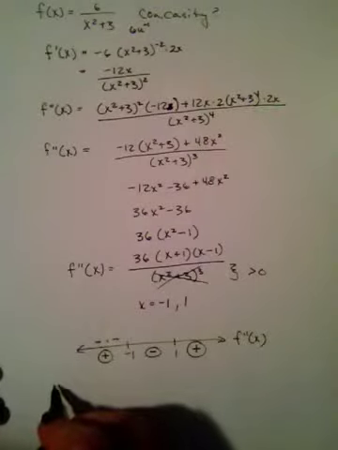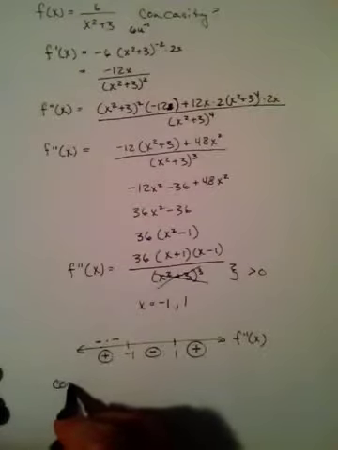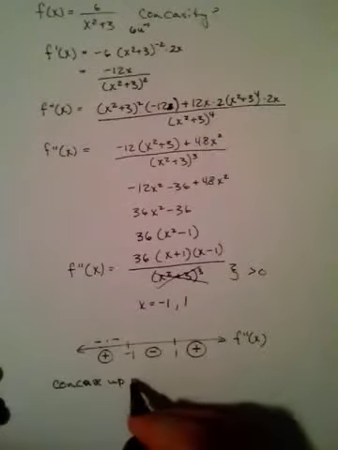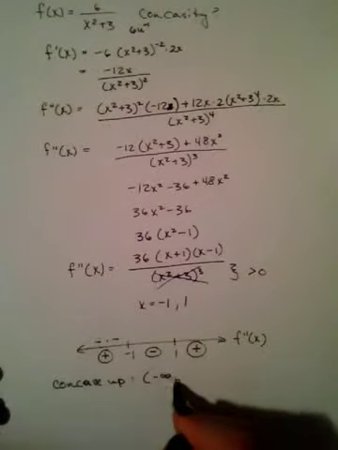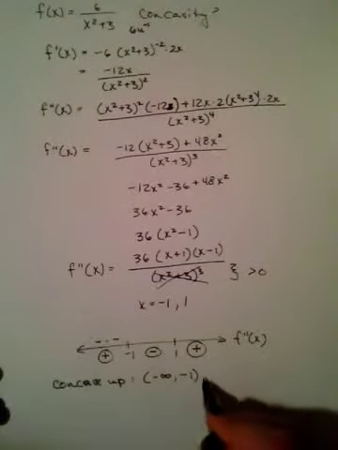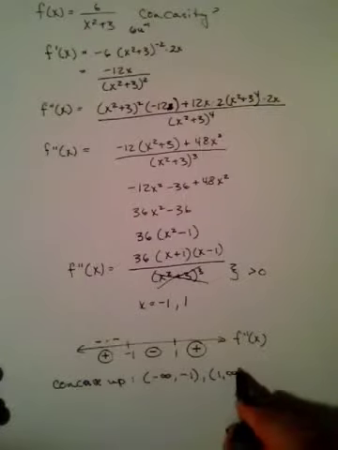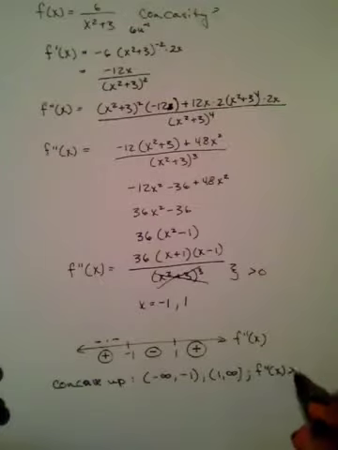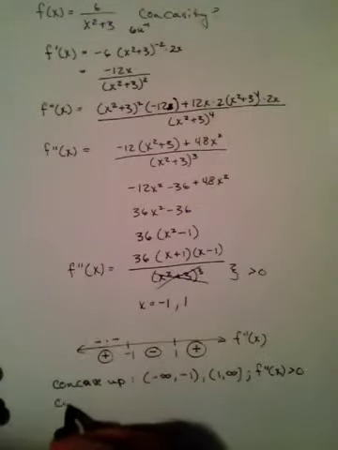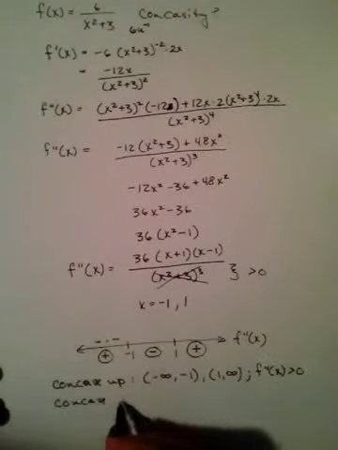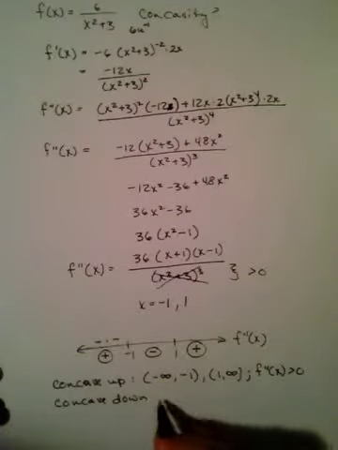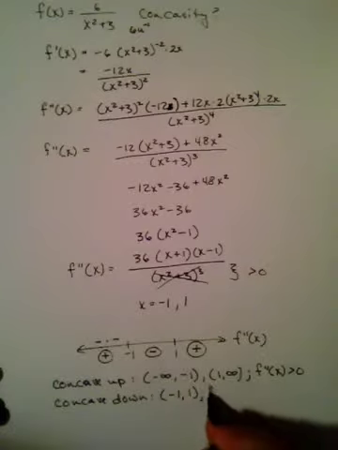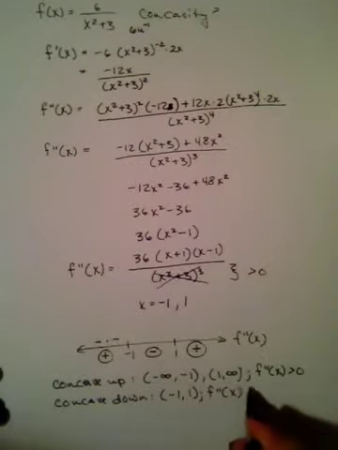So I know that f of x is concave up from negative infinity to negative 1 and from 1 to infinity, and I know that because f double prime of x is greater than 0. f of x is concave down on the interval from negative 1 to 1, and I know that because f double prime of x is less than 0.